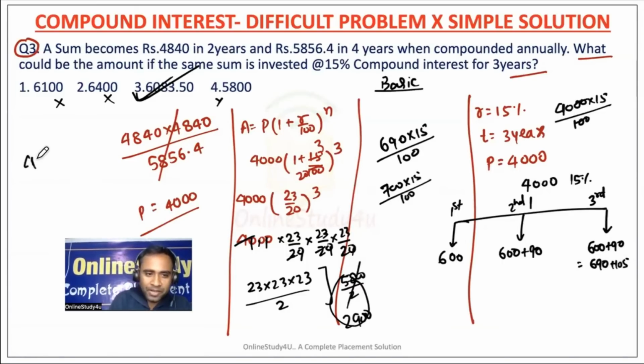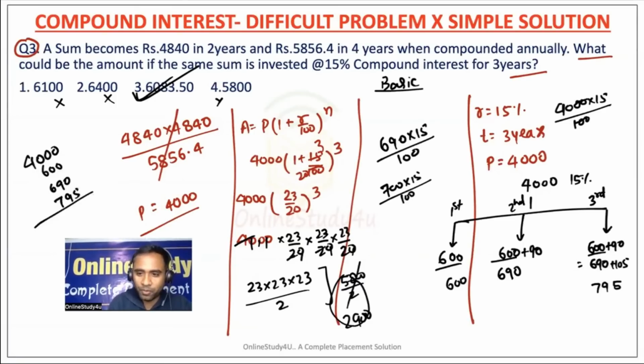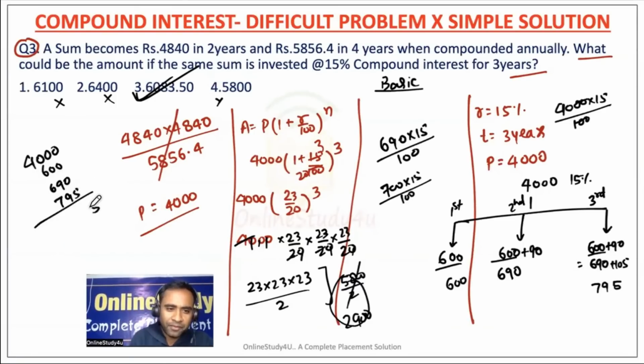So our principal is 4000, and the interest is here 600, here 690, and here around 795. So 600 plus 690 plus 795. Now you see, 5 and 9, 14, and so on, which gives 6085. Is any nearby answer there? Yes, because we have not calculated exactly.